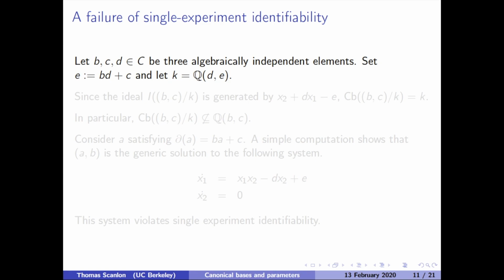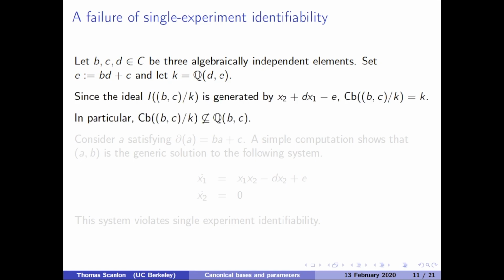All right, so let's compute the canonical base of the pair B, C over the other 2 parameters, D and E. These are constants. So for the differential equations, I said its ideal is generated by that.